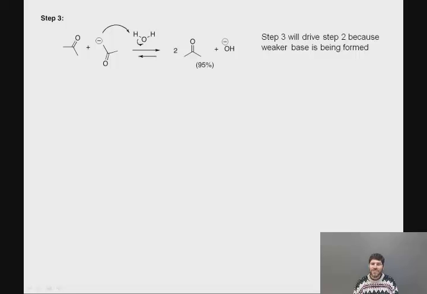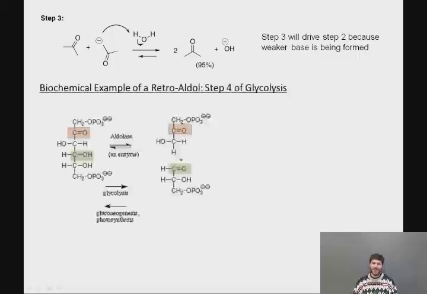So the favorable acid-base reaction in step 3 is going to drive step 2 because we are forming a weaker base. I know it's a little weird to think of OH minus as being a weaker base, but in this particular reaction it is. Okay, so that's the retro aldol as it takes place under laboratory conditions.